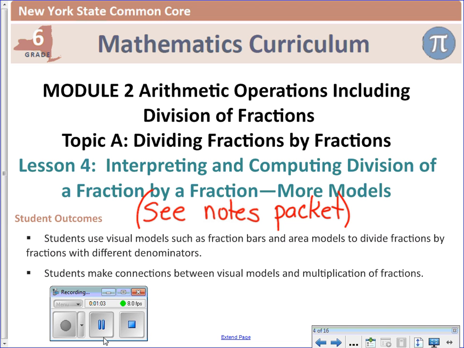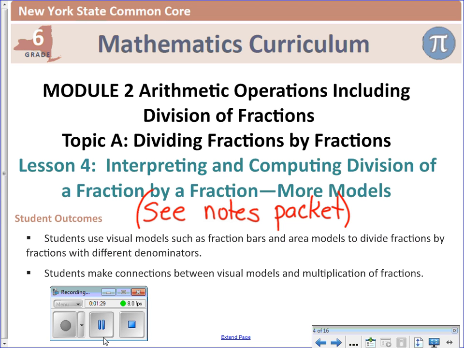If you get home and lose your notes packet, these are the 5 same questions that are on pages 19 and 20 in your module. They have to be filled in, showing the equivalent, the tape, the number line, and the quotient. So that's what your homework is, not the problem set like we usually do.